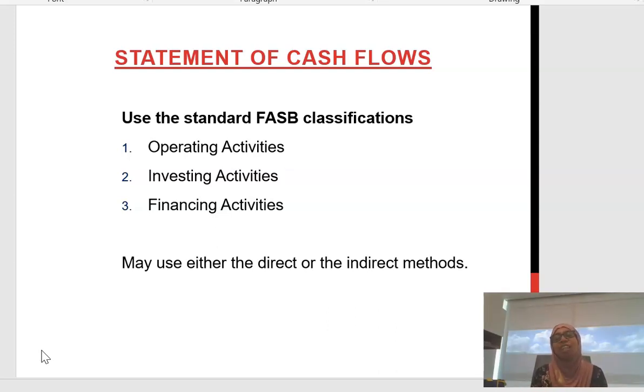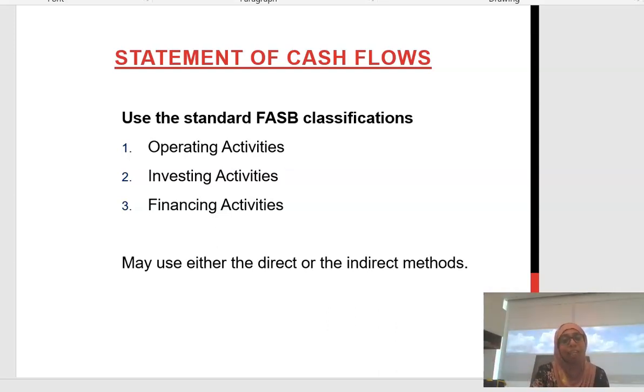And a not-for-profit can use either the direct or the indirect method. Just like for-profits, FASB is also encouraging not-for-profits to prepare the statement of cash flows following the direct method, because the direct method makes it easier to learn how the cash amount is generated and how they are doing all cash spendings.